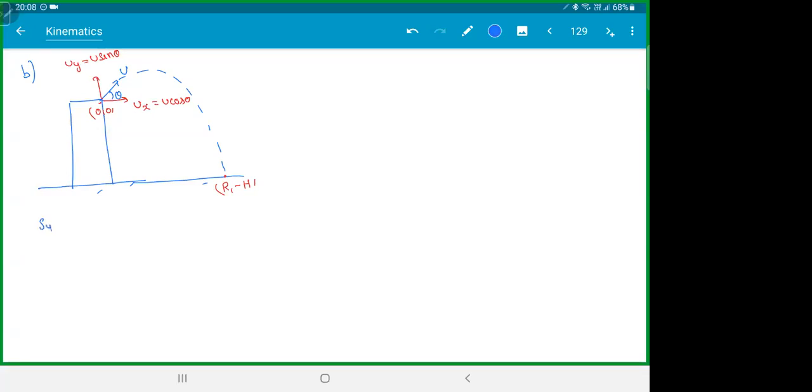So using the equation sy is equal to uy t plus half ay t square, sy would be minus h, uy would be u sin theta. This would be time t2, minus half g t2 square. You get a quadratic.